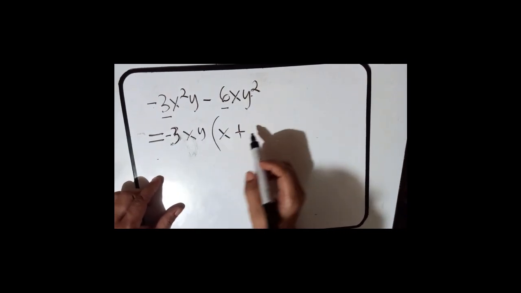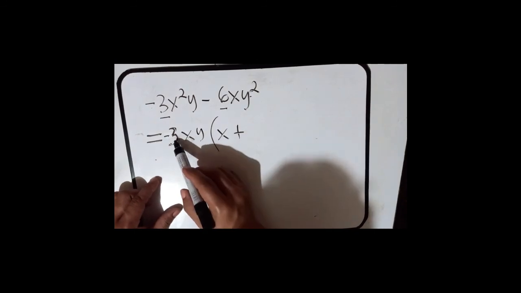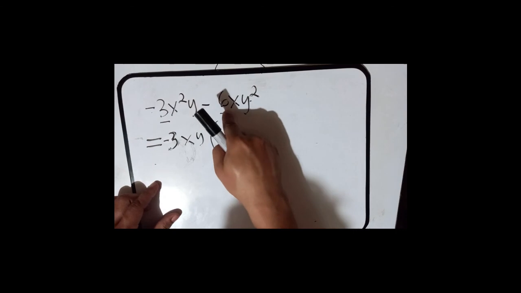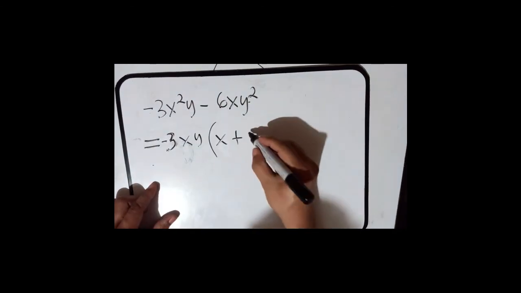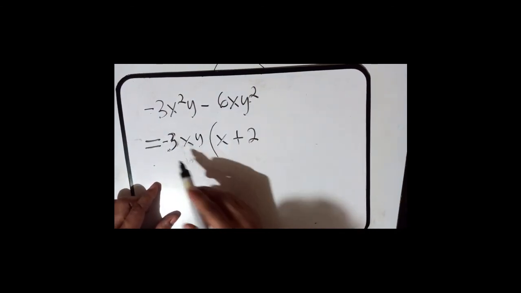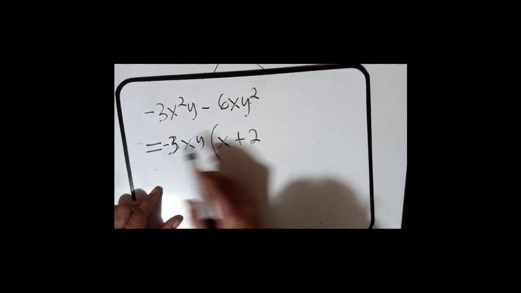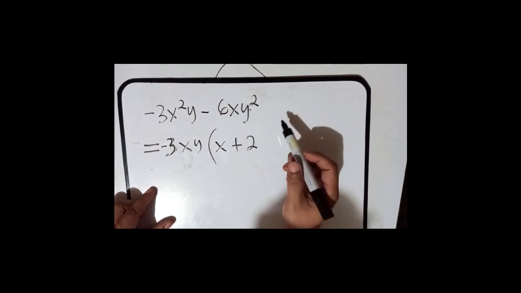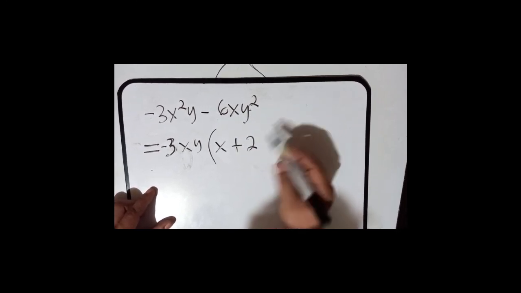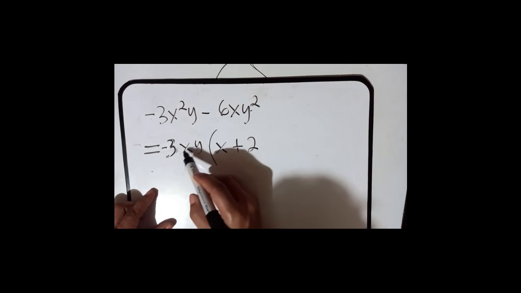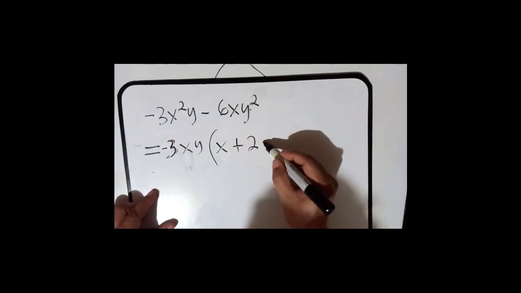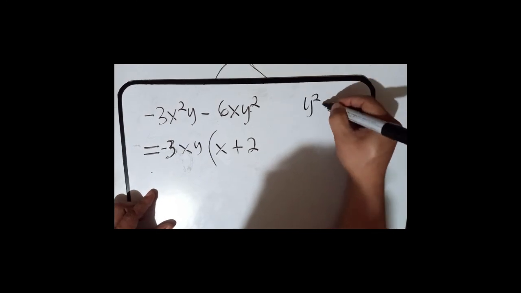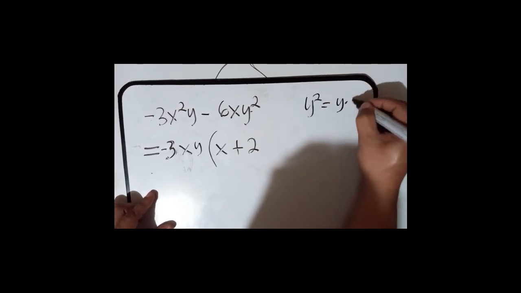Okay, so what number should we multiply to negative 3 so that we will get negative 6? You're correct. It's 2. Negative 3 times positive 2 will give us negative 6. And then we have already x here, so we don't need to add x here anymore, but we have 2 y's, no? So the meaning of y squared is we have y times y.